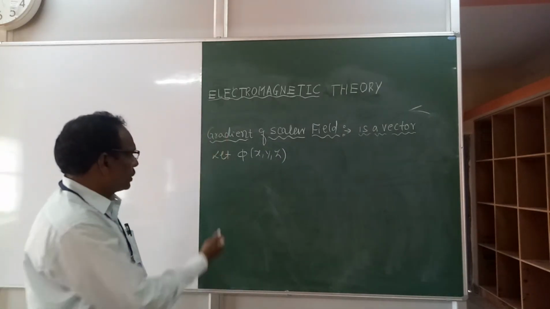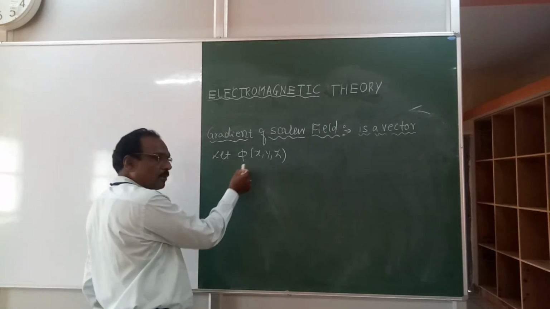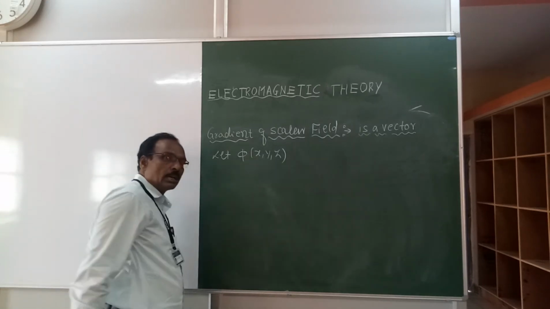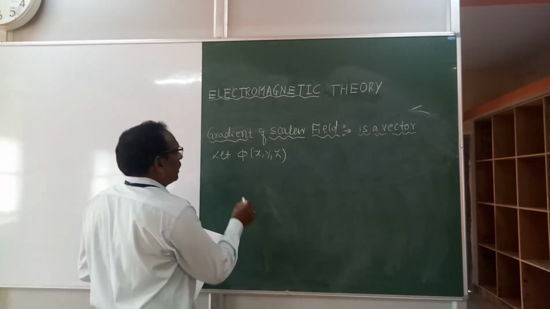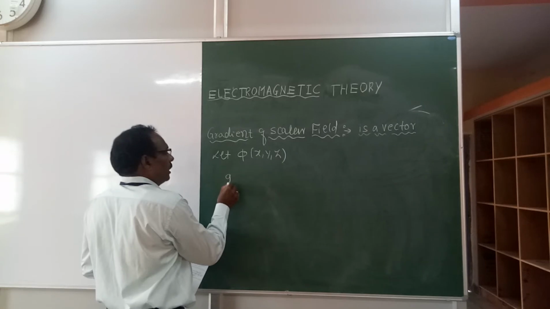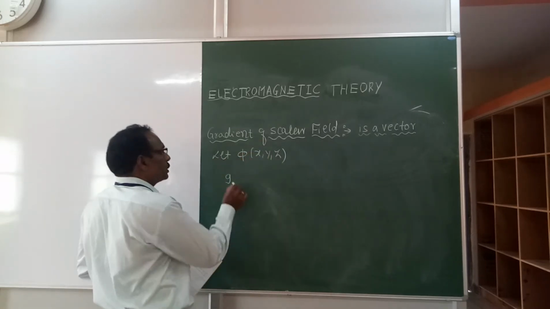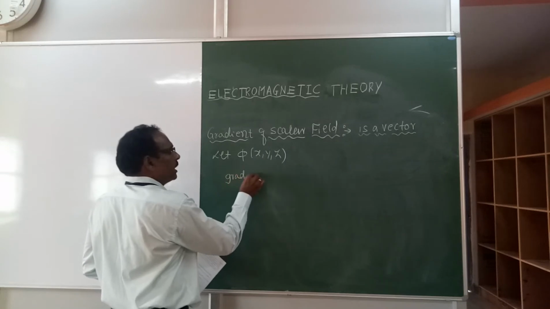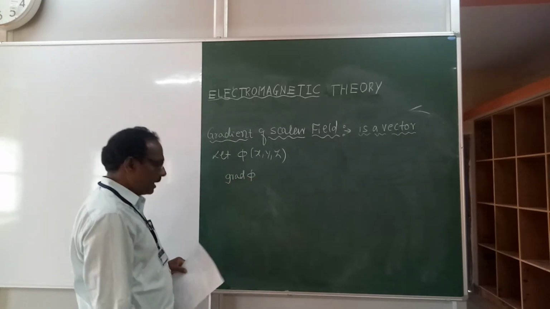Let us take a scalar function which is continuous, and this function is differentiable. So the gradient of a scalar field is a vector which is defined as grad phi. It is denoted by grad phi, G-R-A-D.